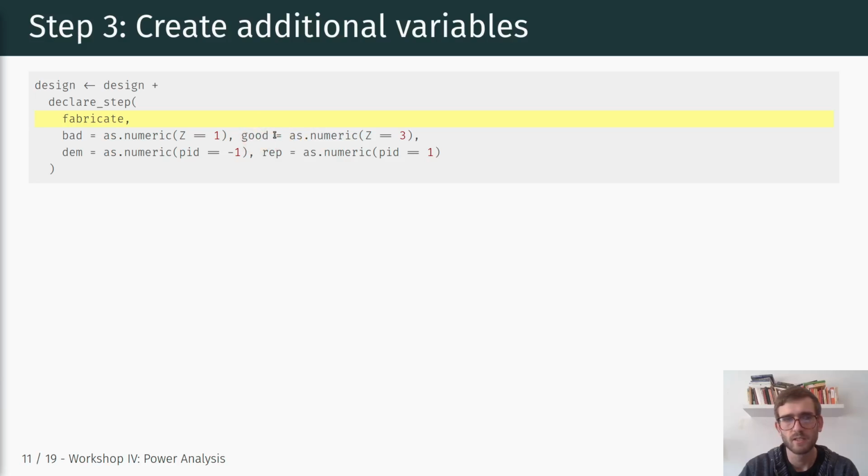We have good, the positive treatment, for z being equal to 3. We have a Democrat indicator for PID being equal to -1, and a Republican indicator for PID being equal to 1, right? So now we have 4 dichotomous indicators for true partisanships, where independents are the reference category, and for the negative and the positive treatment, where the control condition is the reference category.